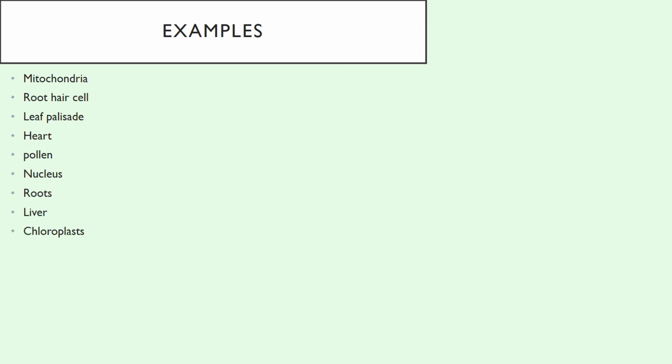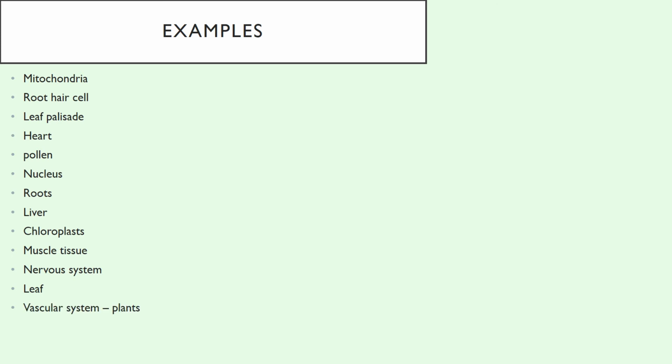Okay, so hopefully you've got your table down now. So the examples I would like you to add into your table are as follows: mitochondria, root hair cell, leaf palisade, heart, pollen, nucleus, roots, liver, chloroplasts, muscle tissue, nervous system, leaf, vascular system.